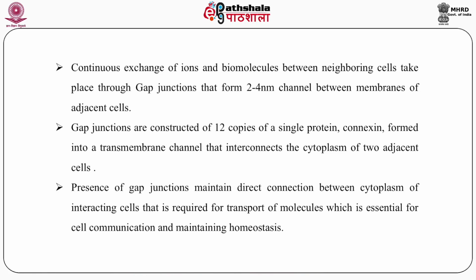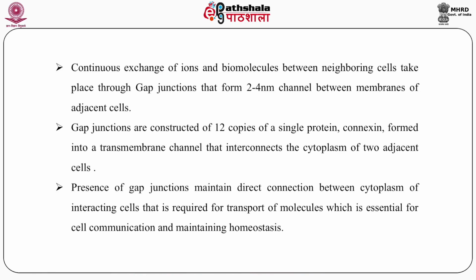Continuous exchange of ions and biomolecules between neighboring cells takes place through gap junctions that form a 2 to 4 nanometer channel between membranes of adjacent cells. Gap junctions are constructed of 12 copies of a single protein that we call connexins, which form a transmembrane channel that interconnects the cytoplasm of two adjacent cells.